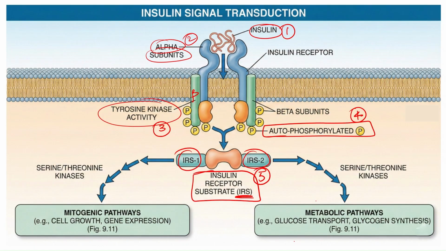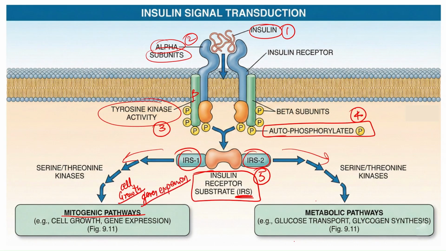At the insulin receptor substrate level, this signal splits into two primary tracks to manage different cellular functions. The IRS1 pathway is related to growth and genes. This plays a key role in mitogenic pathways, directing cell growth and gene expression.